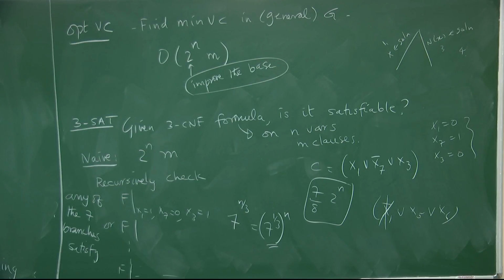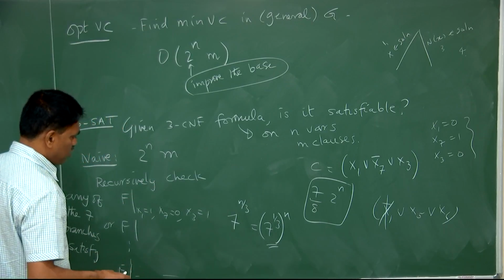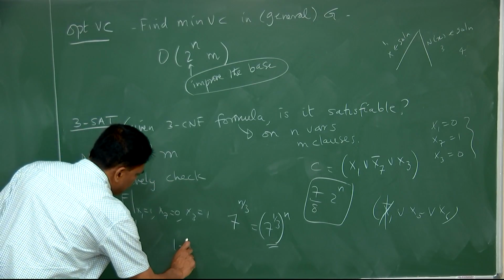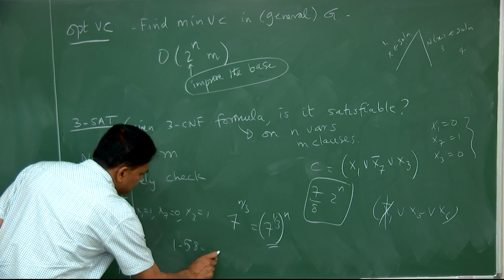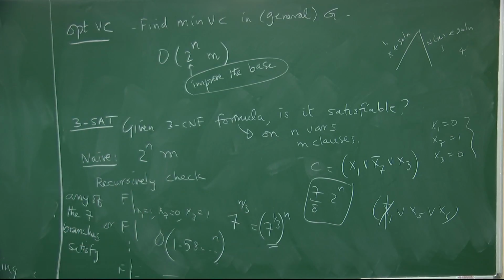Now, if you do these combinations and carefully pick clauses to branch, you can even do much better than 7 power 1 by 3. I think again this has gone through a lot of development. The current best for 3 SAT is something like this. So improve the base, that's the goal, right?